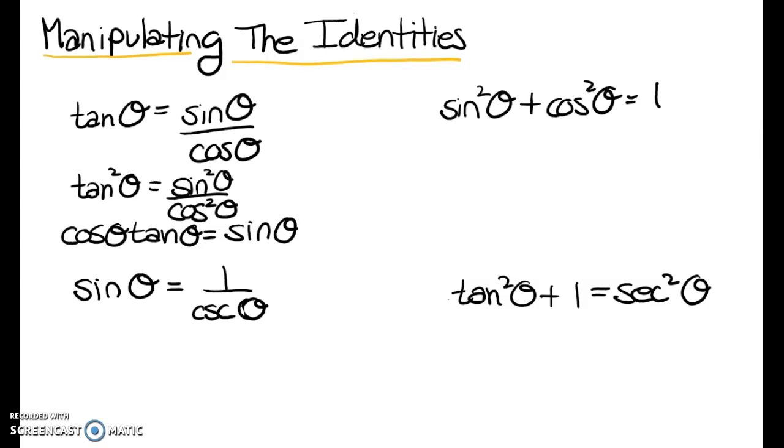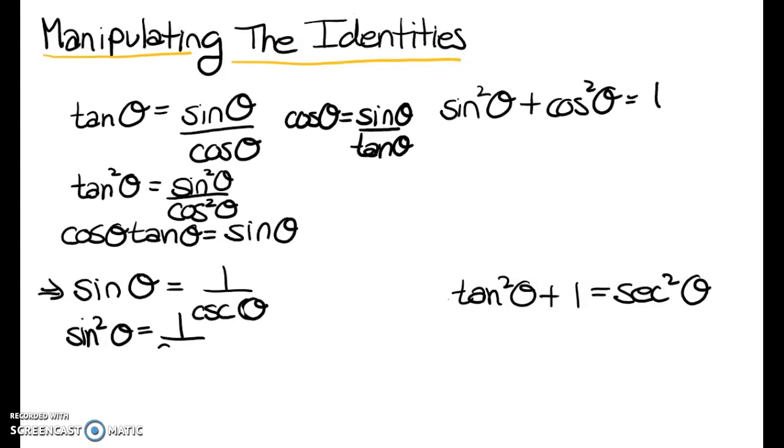So I can also get cosine of theta equals sine of theta over tangent of theta. So there's a million different things that I could do. All right, so what could we also do for this one right here? Well, I can square both sides again: sine squared theta equals 1 over cosecant squared of theta.